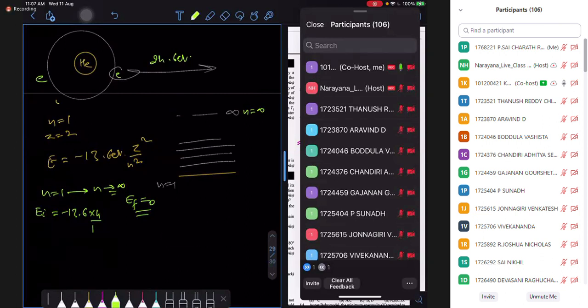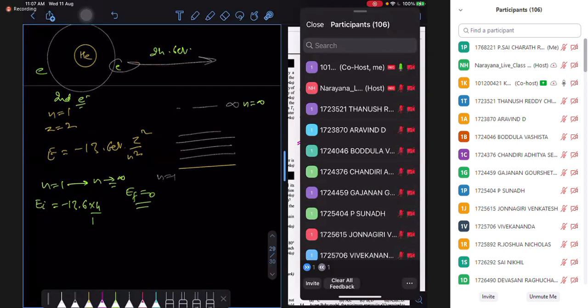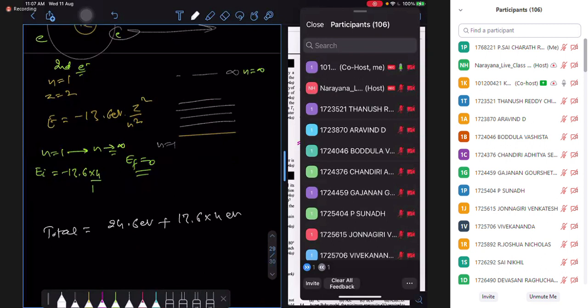This is for the second electron. For the first electron, they have given it, because you can't apply Bohr's model for the first electron. So they have given it. So total, he is asking, I can say it's 24.6 plus 13.6 into 4. That is my total energy required to remove both of the electrons.